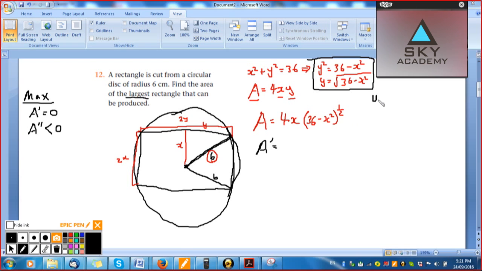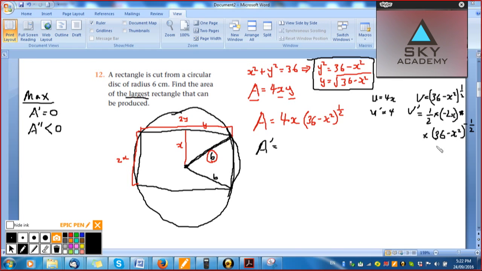So u equals 4x, v equals 36 minus x squared to the power of a half, u dash equals 4, v dash equals a half times minus 2x, times 36 minus x squared all to the power of minus a half.